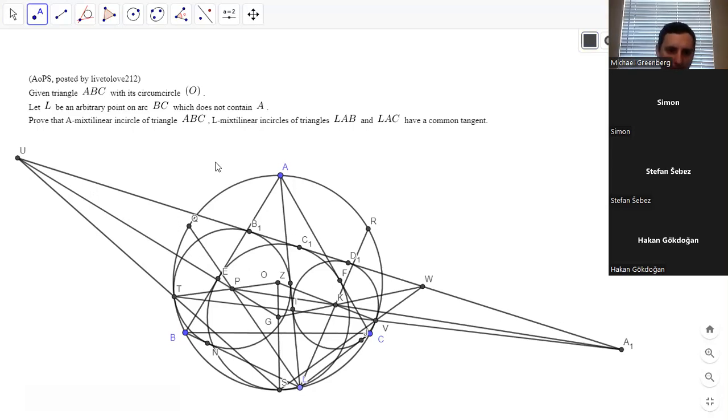So this would be the other tangency point, would be E1. And this I want to reflect over that. Wait, that doesn't make sense.